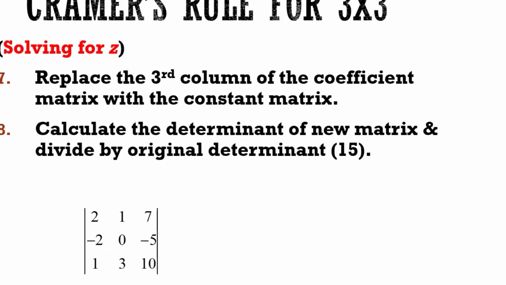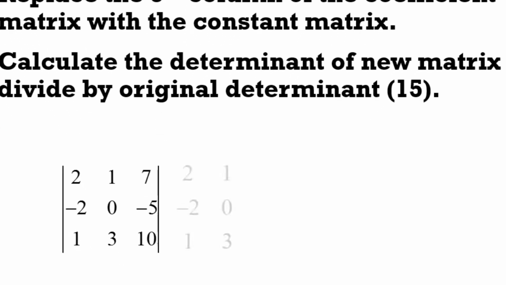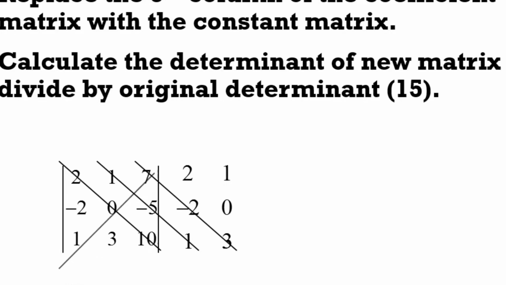Then we multiply our leading diagonals, 2 times 0 times 10, then 1 times negative 5 times 1, then 7 times negative 2 times 3. Then other diagonals, 1 times 0 times 7, 3 times 5 times 2, plus 10 times negative 2 times 1.